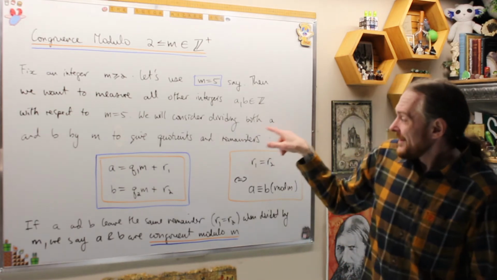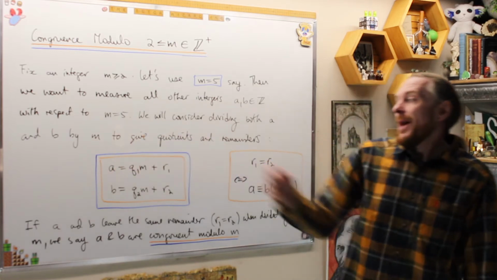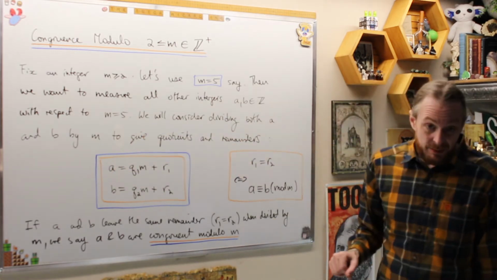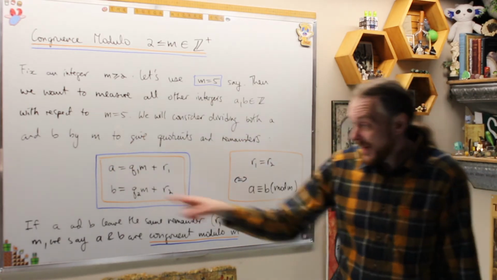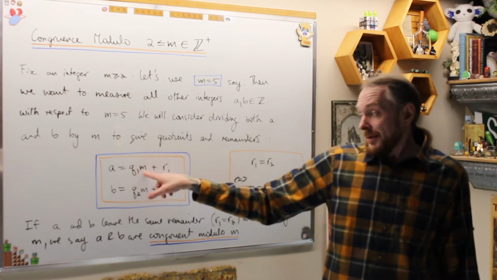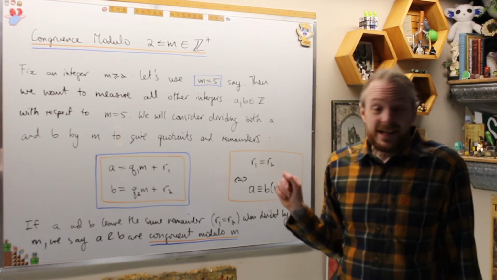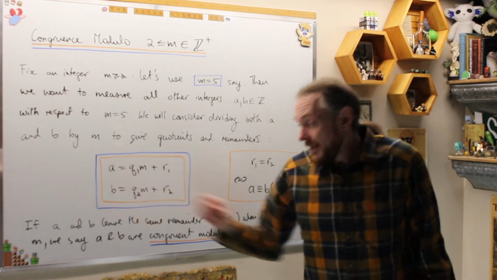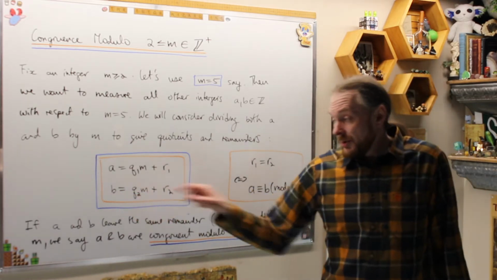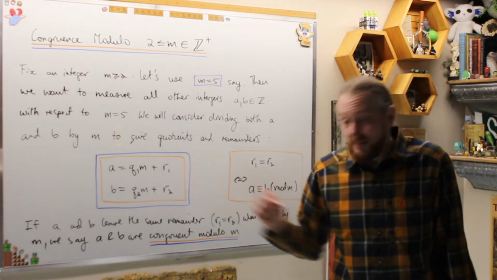What we do is we consider dividing a and b by m to give quotients and remainders, which we can always do by the division algorithm. So a can be written as a quotient q1 times m plus a remainder r1, where the remainder is between 0 and m minus 1. And b can similarly be written as q2 times m, some other quotient, plus some other remainder r2.